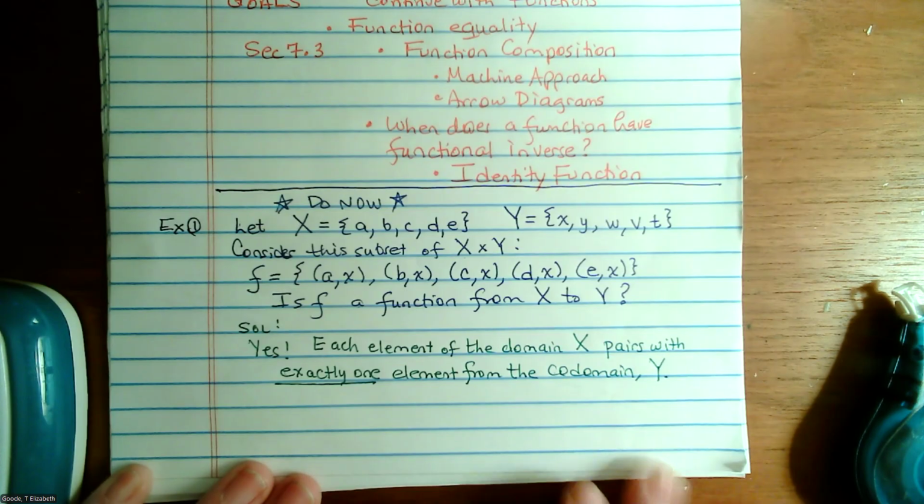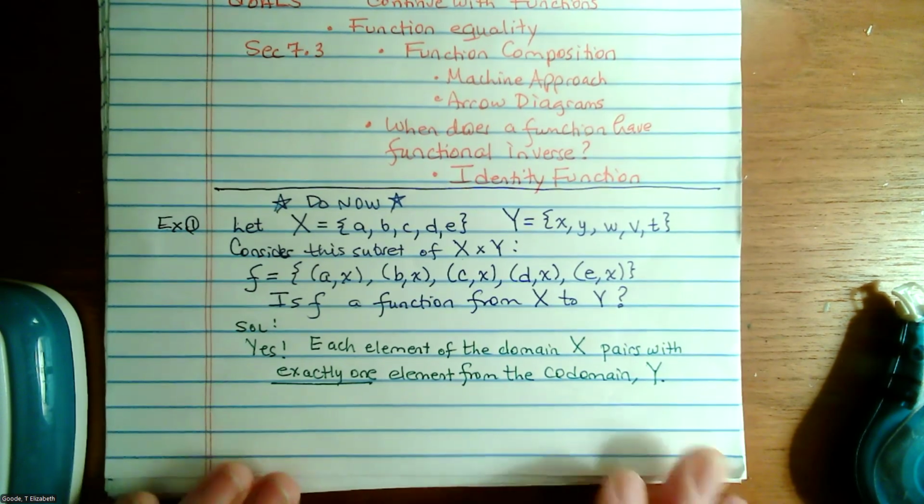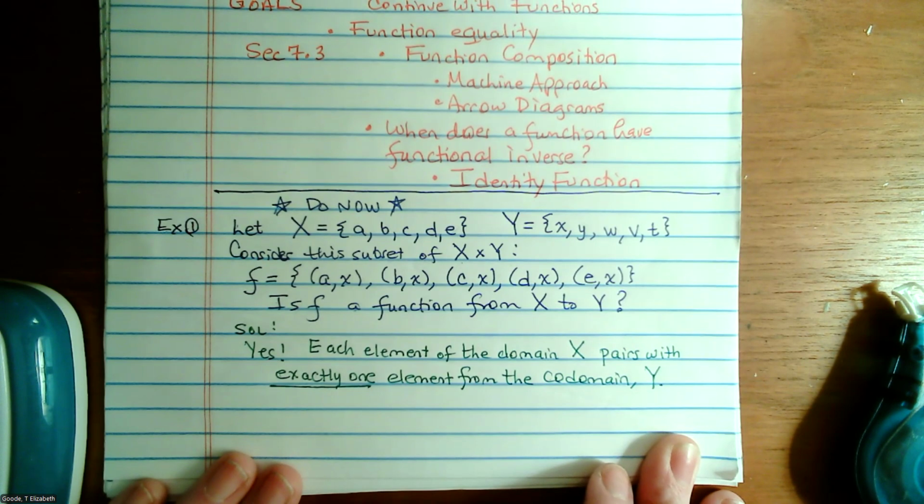So something that tells us every element of the domain has exactly one partner from the codomain.